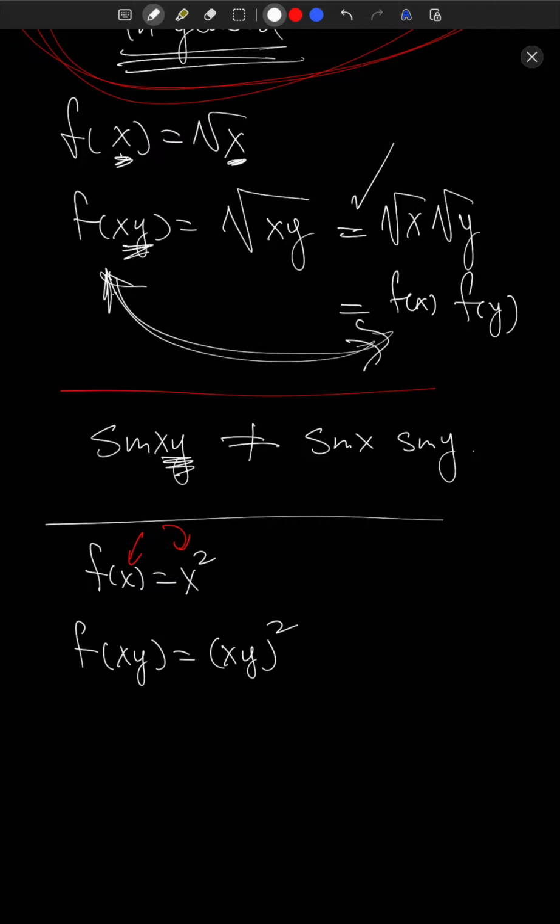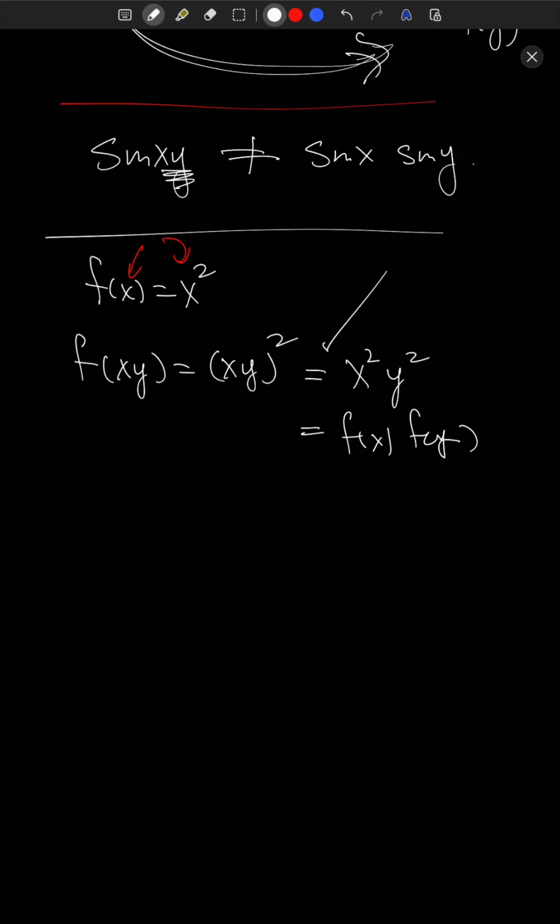Now the properties of powers tell me this is x squared times y squared, so this is actually true, which happens to be f of x times f of y. So this is another exception to the rule that generally you cannot do this. So be very, very careful about when you're allowed to do something like this and when you're not allowed.